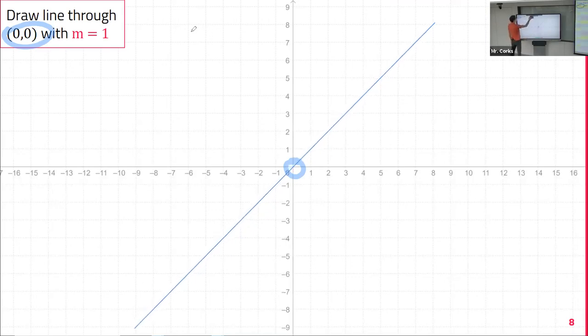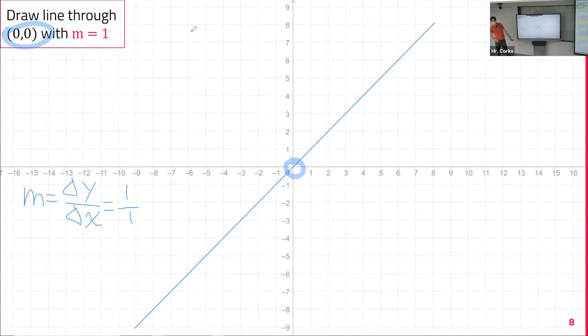Remember our slope formula, m equals delta y over delta x. If it's a slope of 1, that's the same as 1 over 1. So if we take one step right with x, we take one step up with y, or one step left with x, then one step down with y.